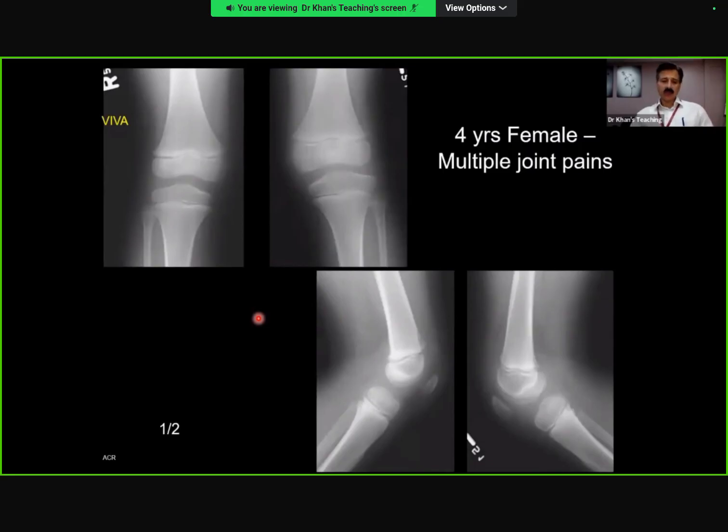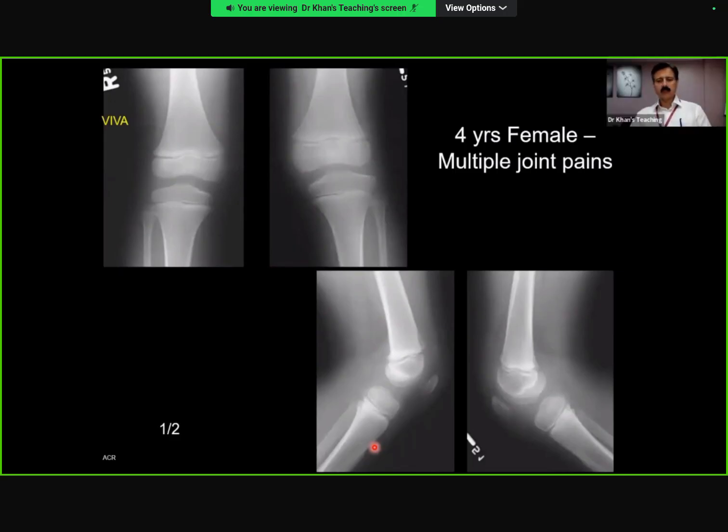Okay, candidate 3, your film. Right, a 4-year-old female with multiple joint pain. So these are frontal and lateral plain X-rays of the... widening of the joint space. Oh, sorry, yes. Better.